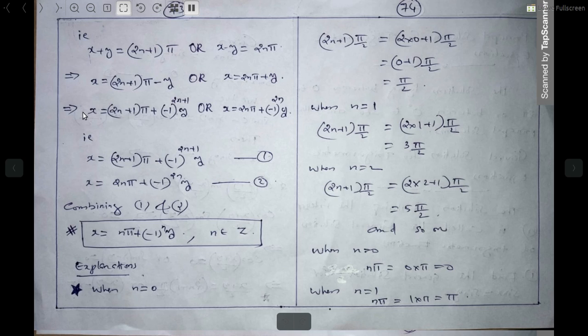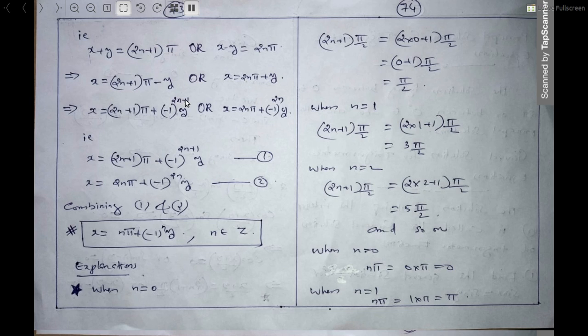Okay, here it is an arrangement only. x is equal to (2n+1)π plus, here, minus π. That is, I am taking, we know that minus means plus minus minus. So I am using here plus then (−1)^(2n+1). Here 2n plus 1 is usual, therefore the exponent of −1 I am also using 2n plus 1.